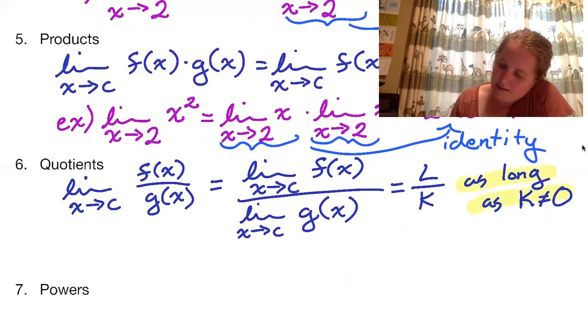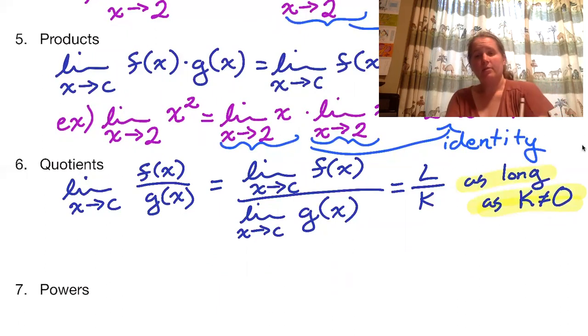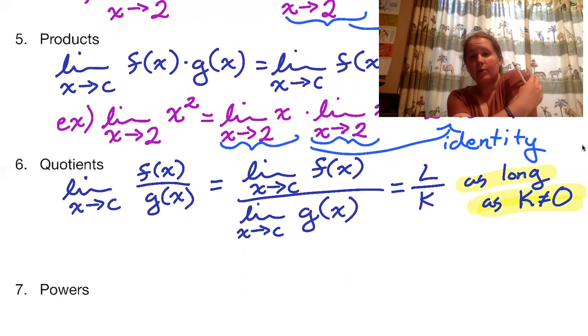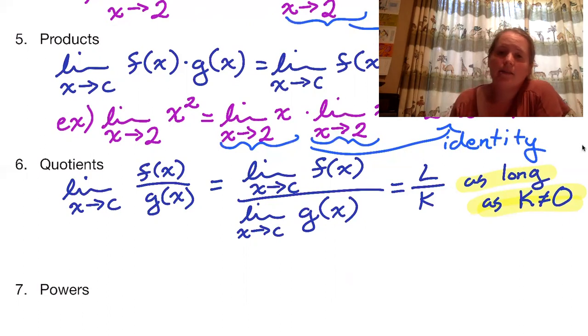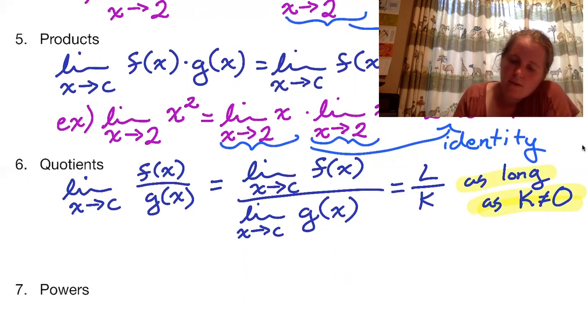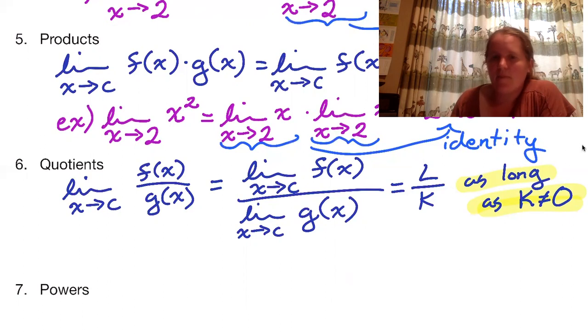So this is important. That limit doesn't exist or may not exist if K is 0. There are certain situations where it still does exist, but it's not guaranteed.